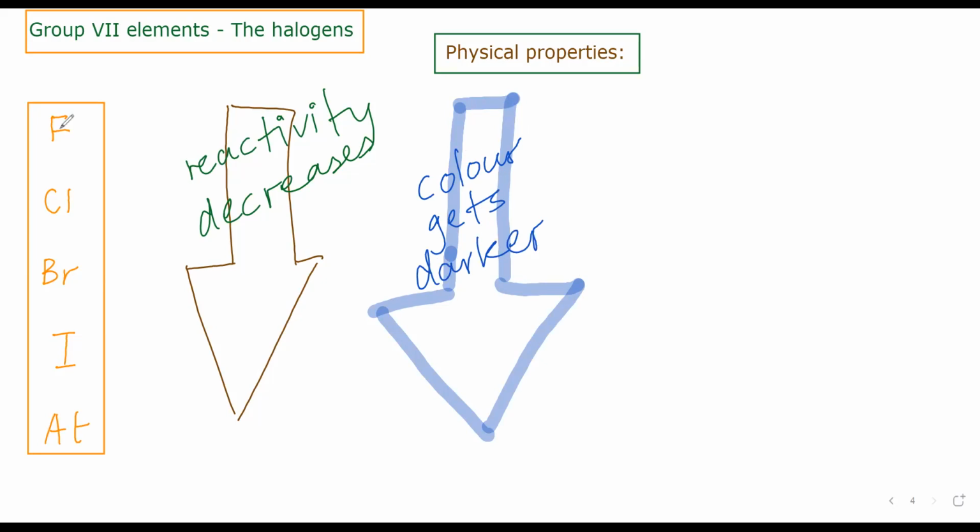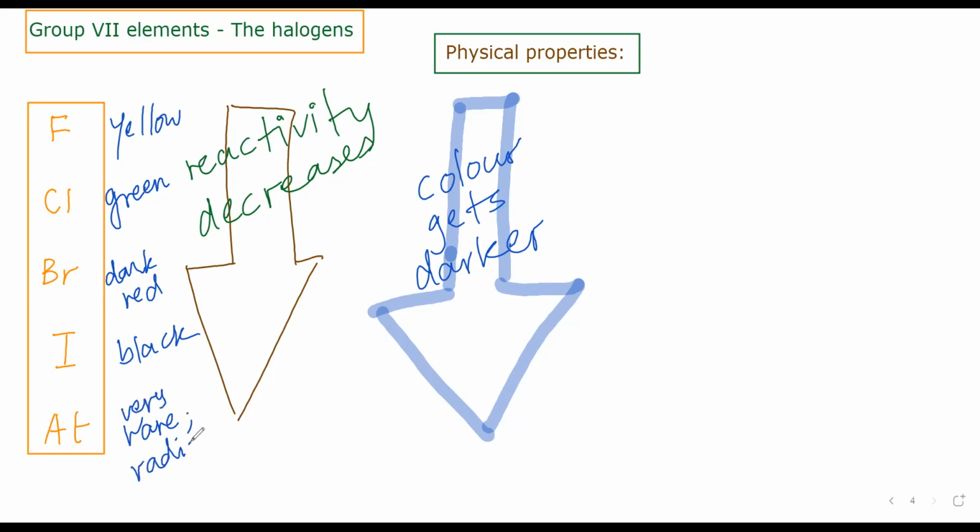Fluorine is yellow in color, then chlorine is green, then bromine is a dark red or red-brown liquid. Then we have black iodine and astatine, which is very rare and also a radioactive element. So remember, their color gets darker.